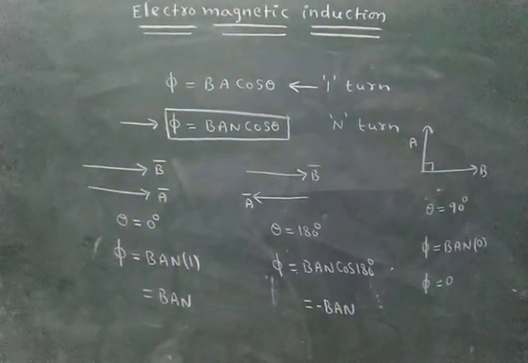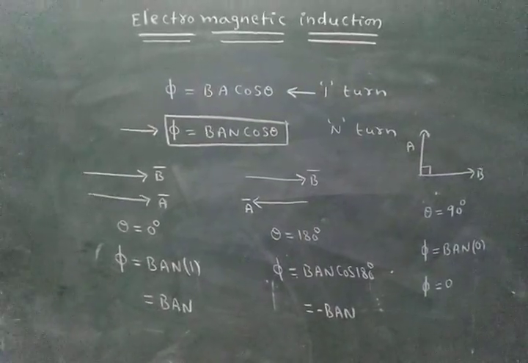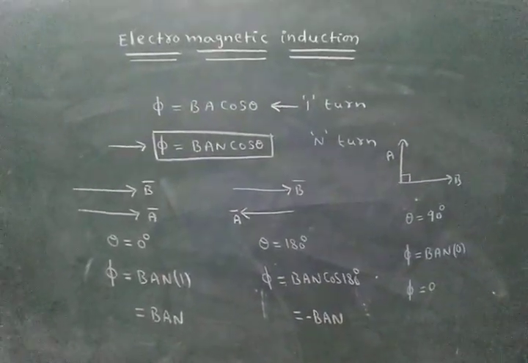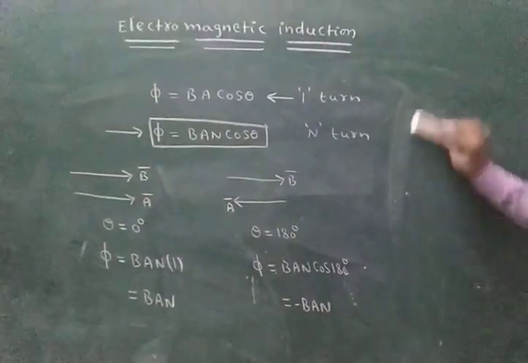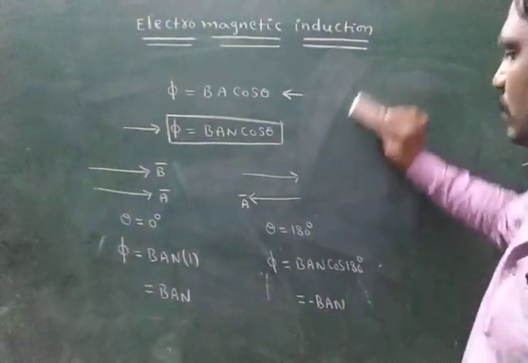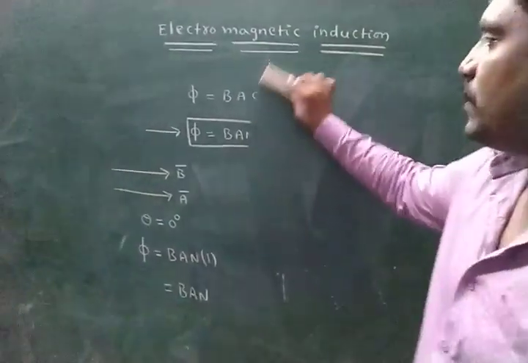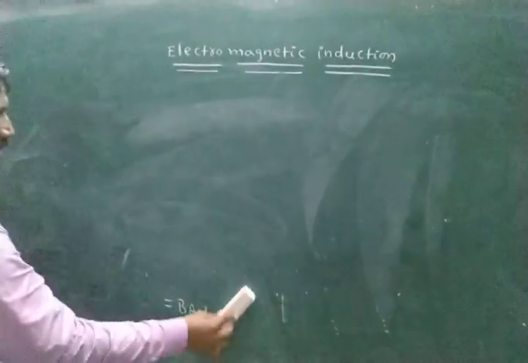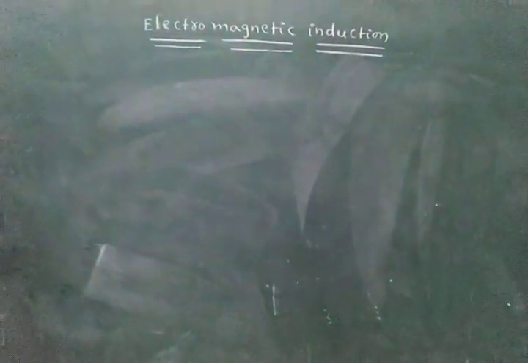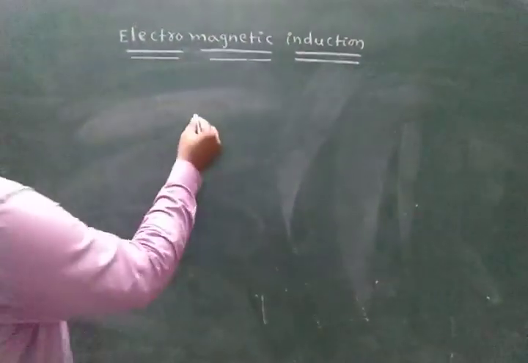When flux is 0, B and A are perpendicular. When B and A are in the same direction, flux is positive. When B and A are in opposite directions, flux is negative.